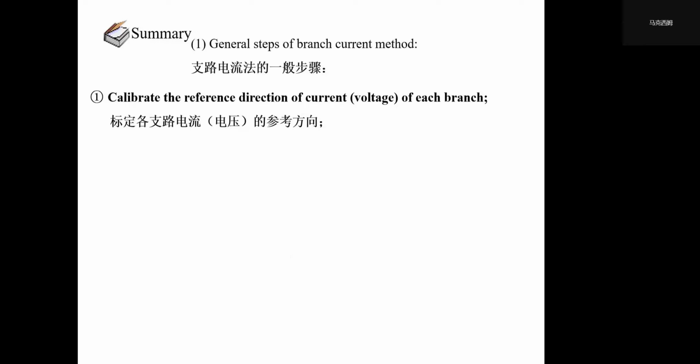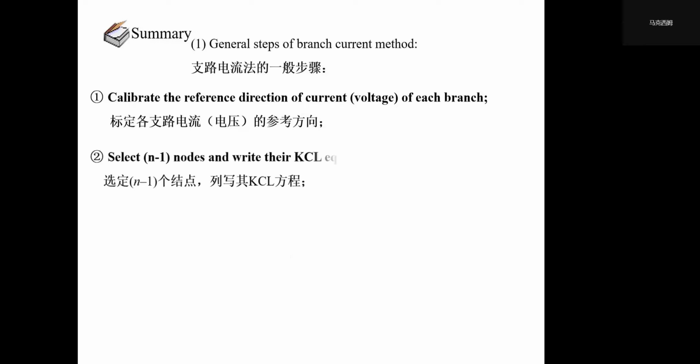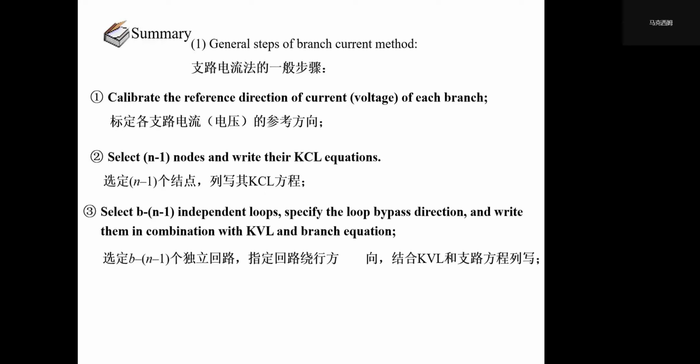We will not alter that again. And we pick n minus 1 nodes and write the KCL equations, and we pick b minus n plus 1 loops to write the KVL branch equations.